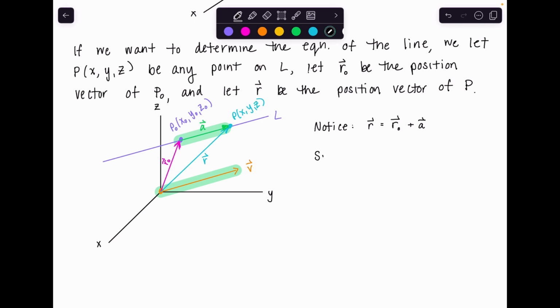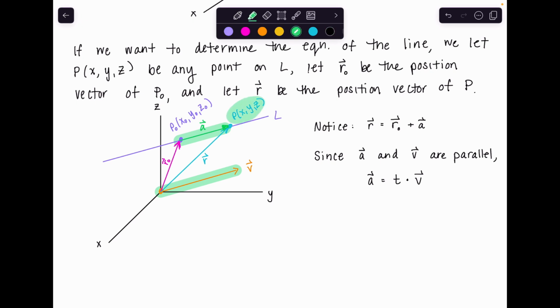So since a and v are parallel, I know that vector a is some scalar multiple of v. And that scalar that I'm going to use is t, because I have no idea how much I shrunk v by or how much I extended v by.